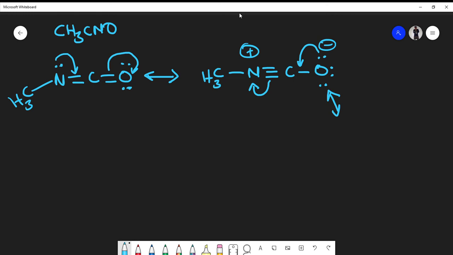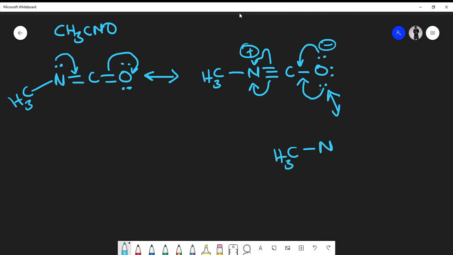But if you notice, I can also form another bond between the carbon and oxygen, give that a triple bond, and move another pair of electrons from the bond in the form of lone pairs on the nitrogen. So this will actually give me, here's my CH3.